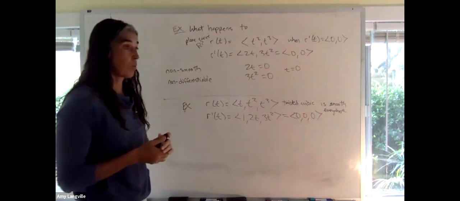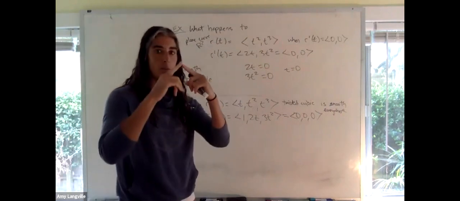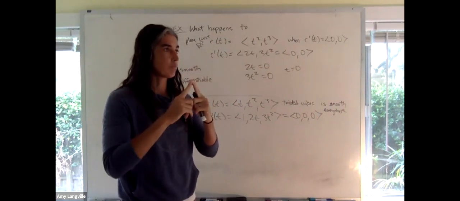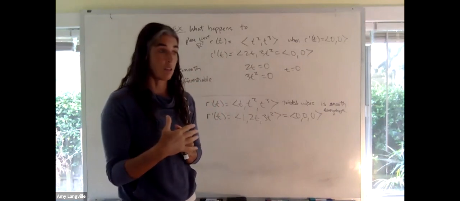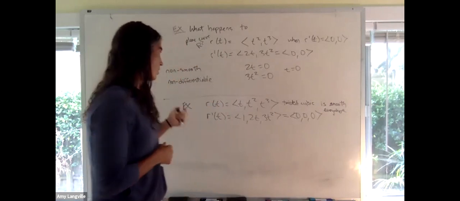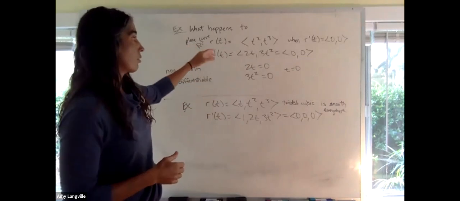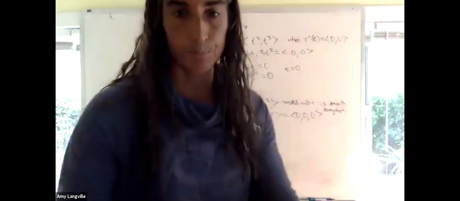So non-smooth points are points where you abruptly change. Those could be like absolute value points, right at the peak here. Discontinuities, the same sorts of things that made something non-differentiable in R2 happen here. Okay, so let's look at this simple plane curve just so we can visually verify this idea of smoothness.